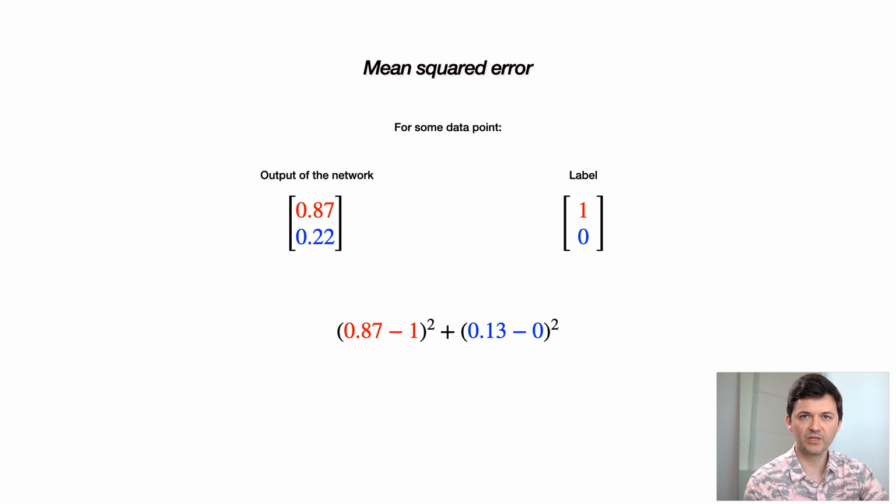So we take 0.87 minus 1 squared, then add to it 0.13 minus 0 squared. We get 0.0169 plus 0.0484, and the total cost will then be 0.0653. So this will be the cost for this specific data point.